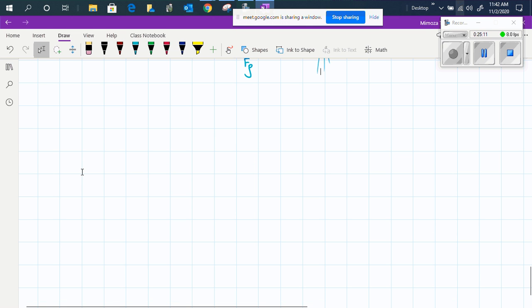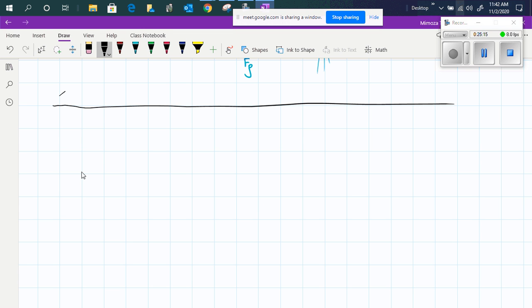Okay, so when we are dealing with a spring, I will just draw a spring here in different situations. So let's say that we have a spring and no mass is hung on the spring. What you have is the original length of the spring.